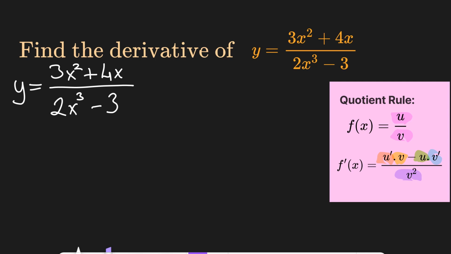So we have to find the derivative of top and bottom functions. Derivative of numerator would be 6x plus 4, and derivative of denominator would be 6x squared.